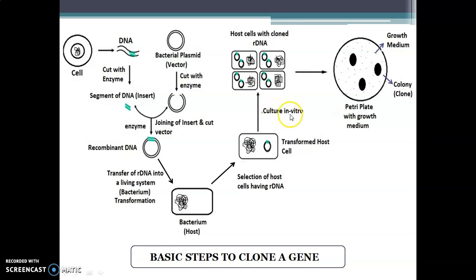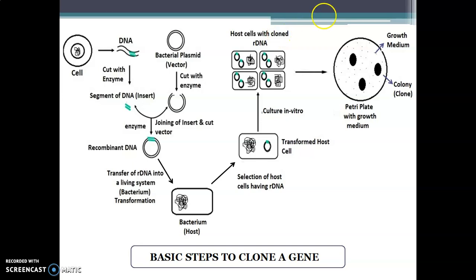When we culture those cells, what happens? The bacterium divides by binary fission: 1 to 2, 2 to 4, 4 to 8, 8 to 16, and so on. By dividing in such a manner, a huge population of bacterial cells is created.